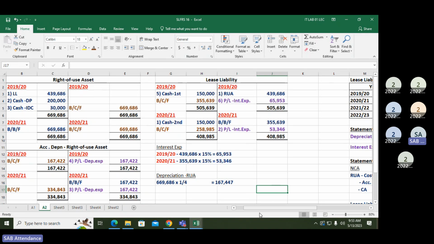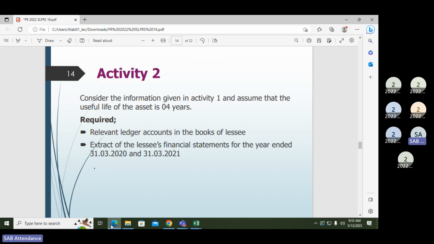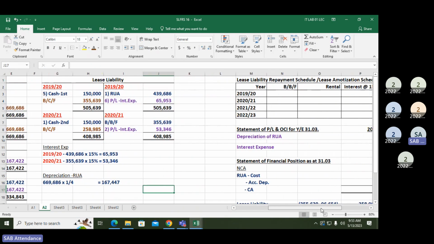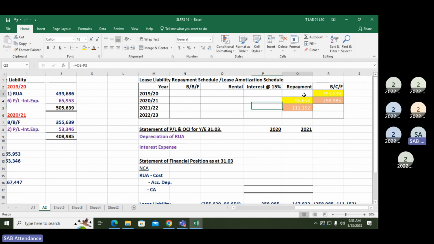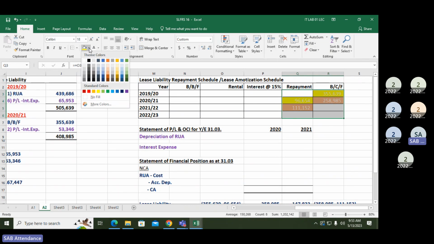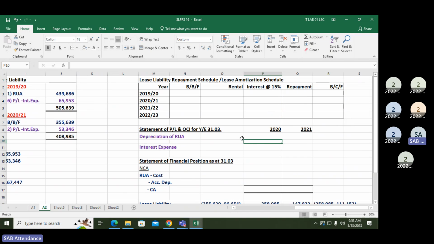Right? Then the second part of the question asks for extracts of the lessee's financial statement. So financial statement extracts. We have already identified the depreciation for the 2 years, 167,422, and interest expense 65,000 first year, 53,000 second year.